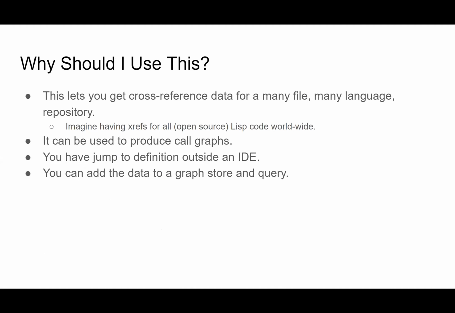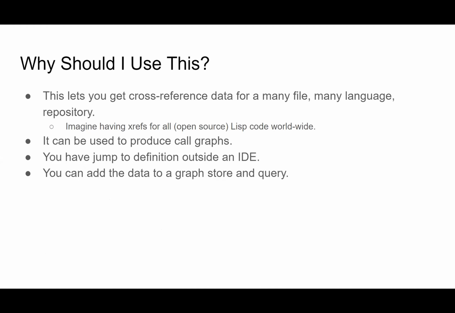Okay, now why should I use this? As we were saying, this lets you create cross-reference data from many file, many language repositories. Imagine having all the cross-references for all the Lisp code in the world, at least as long as you put it in one repository.